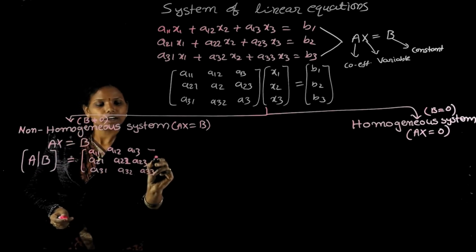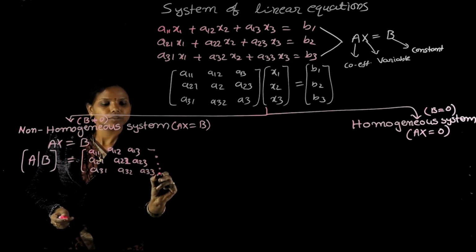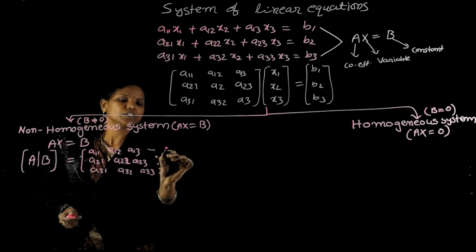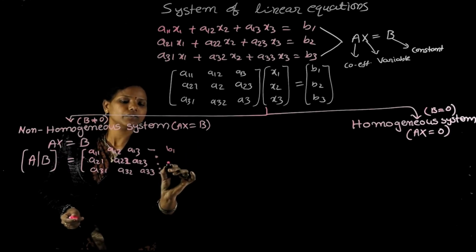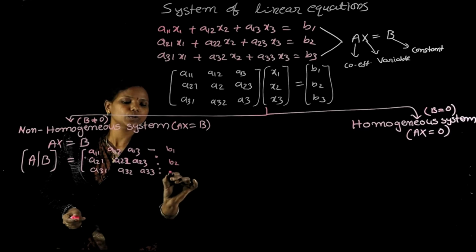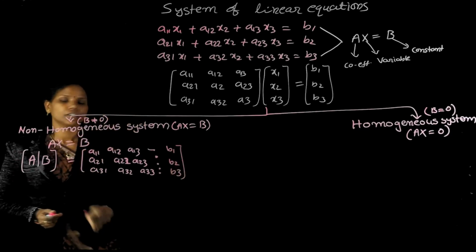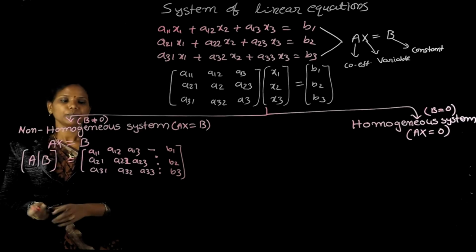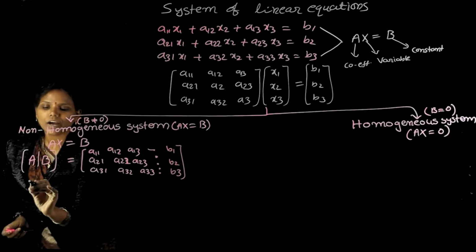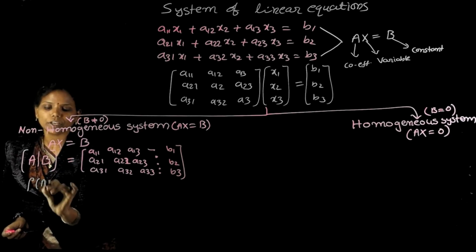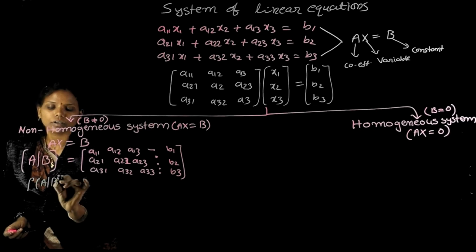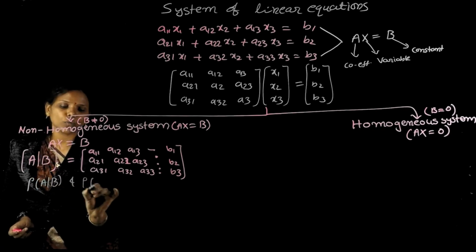Put a dotted line to write B. What is our constant matrix? B. You write b1, b2, b3. It is called augmented matrix AB. Now here we have to find rank of AB and rank of A.